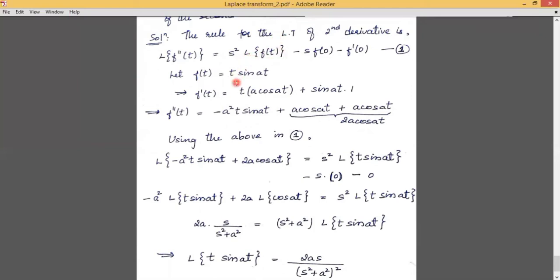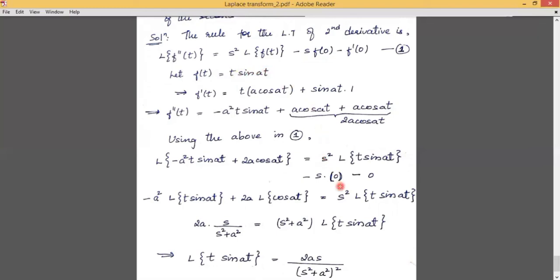What is f of t? t sin at. That is what we have to find here. Laplace transform of t sin at, minus s into f of 0. f of t is t sin at. f of 0 is 0 here. t is 0, so it is 0.